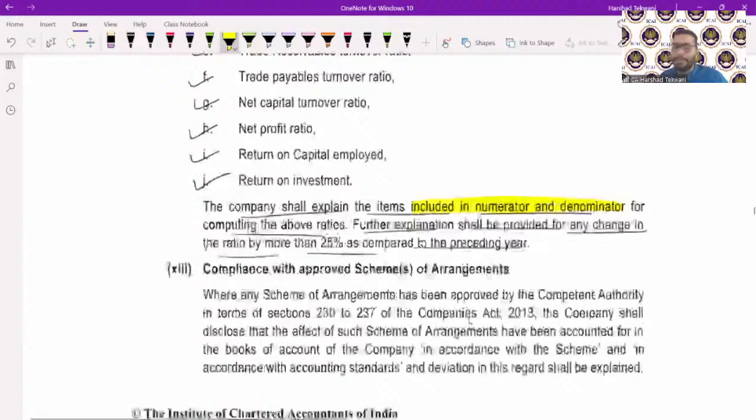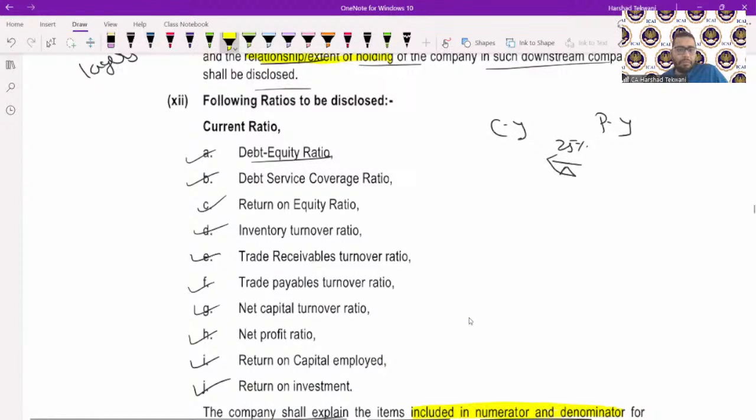So for example, let's say net profit ratio, a simple one. What am I taking to calculate this ratio? Net profit, like which net profit? Before tax, after tax, which one? Let's say after tax, and my total turnover.